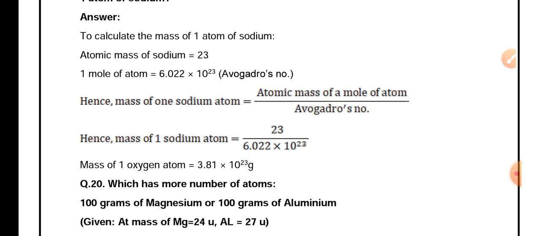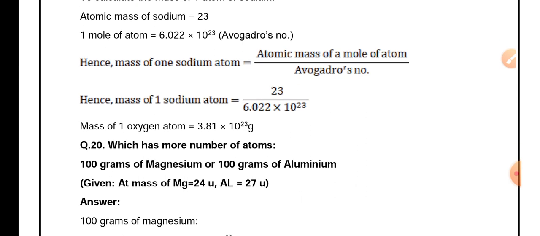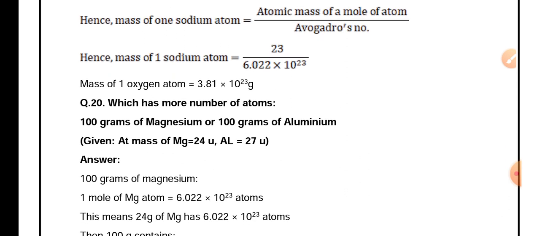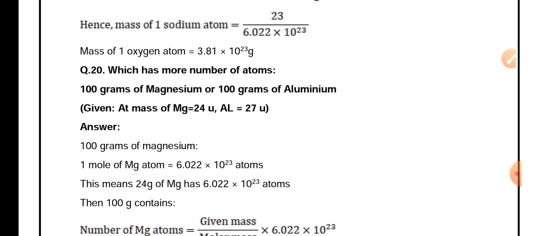Which has more atoms, 100 grams of magnesium or 100 grams of aluminium? Given the atomic mass of magnesium is 24 u and aluminium is 27 u. Answer: for magnesium, 1 mole of magnesium atoms is 6.022 into 10 to the power of 23 atoms. This means 24 grams of magnesium has 6.022 into 10 to the power of 23 atoms.